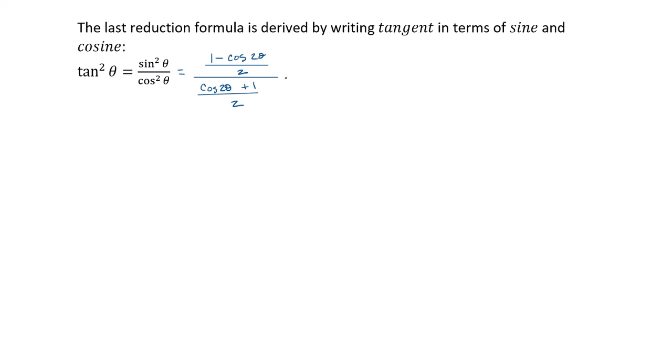Now to simplify this compound fraction, I'm going to multiply by 2 over 2. That gives me a 1 minus cosine 2 theta divided by cosine 2 theta plus 1.